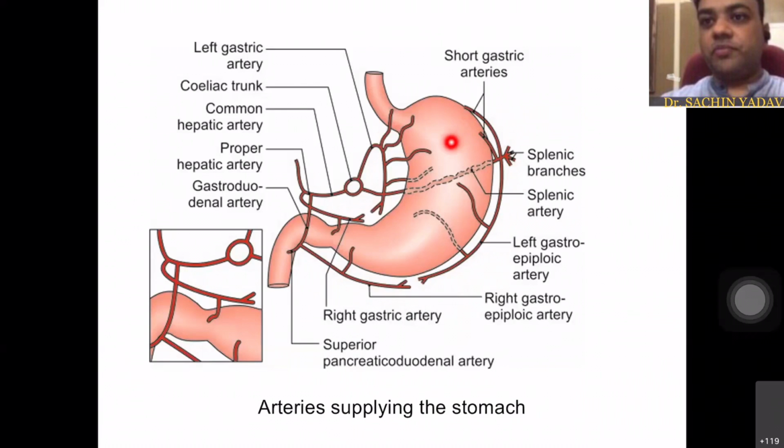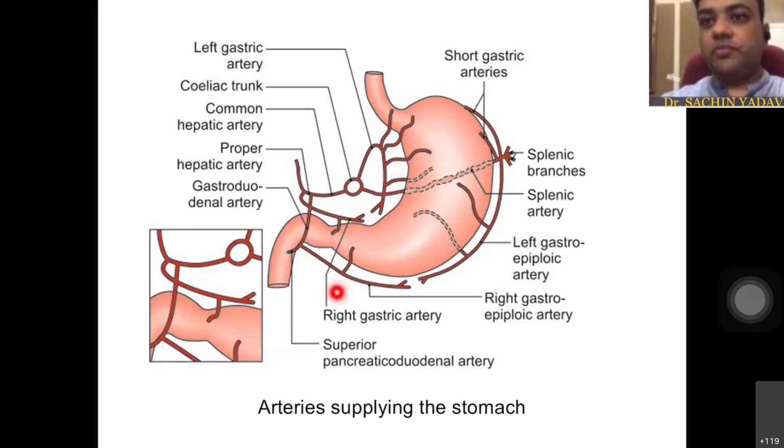So you can see here, all these arteries reach the stomach through the ligaments or the peritoneal folds. The left gastric and right gastric reach the lesser curvature at the attachment of the lesser omentum.